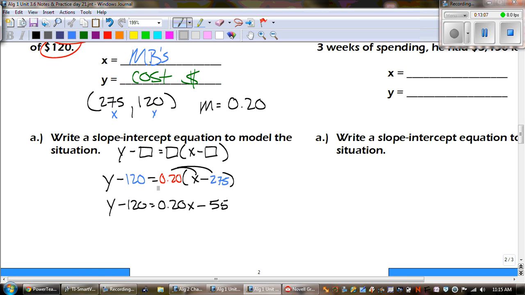Now, is that y all by itself? No, we have to add 120 to both sides. And then we get our equation of y equals 0.20x plus, what's negative 55 plus 120? We get 65.